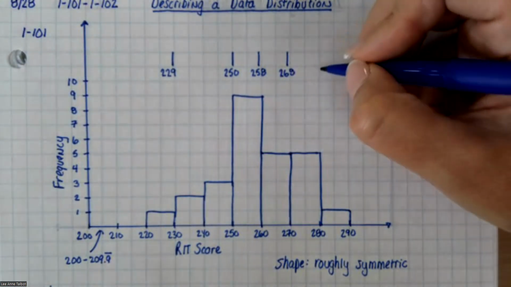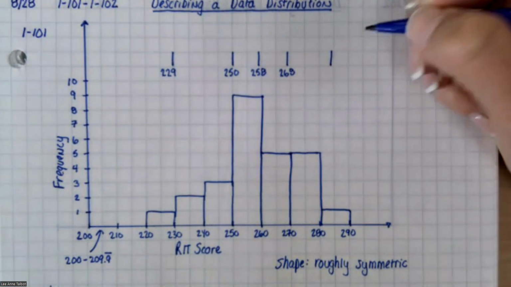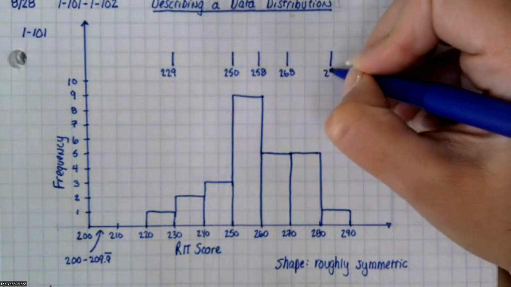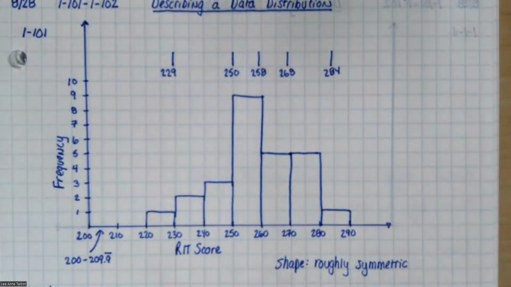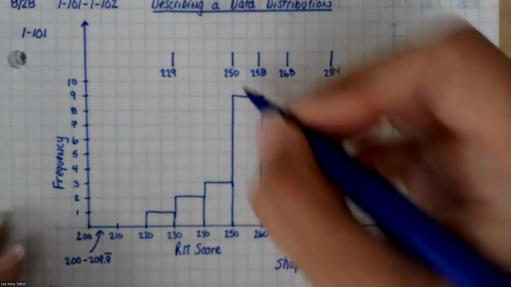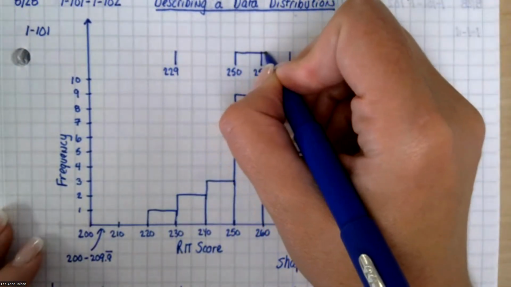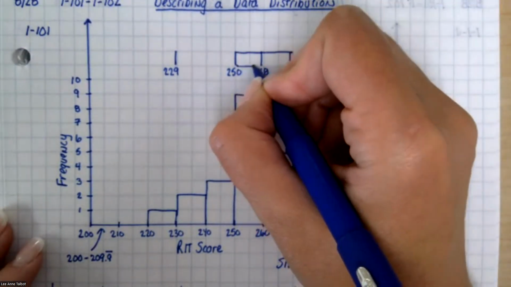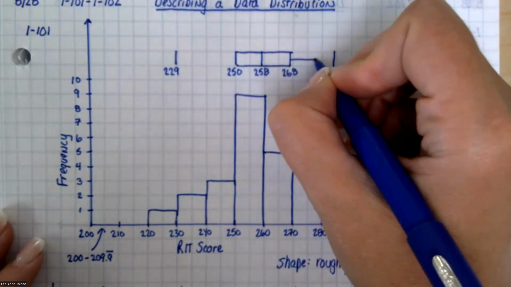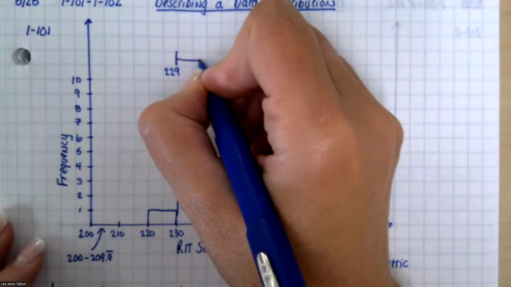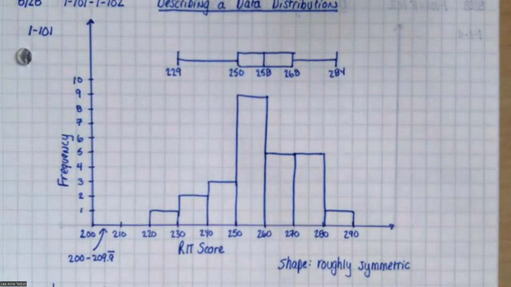And my max is 284, which is about here. And then you connect the middle 3 to make the box. And then the outer ones are the whiskers.